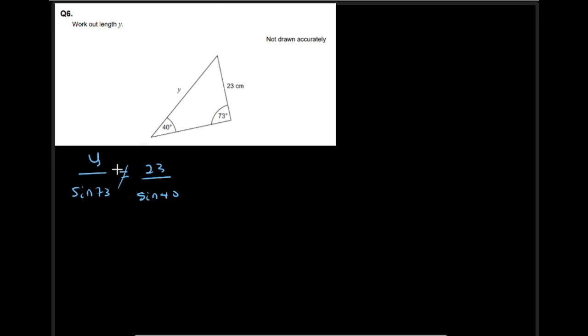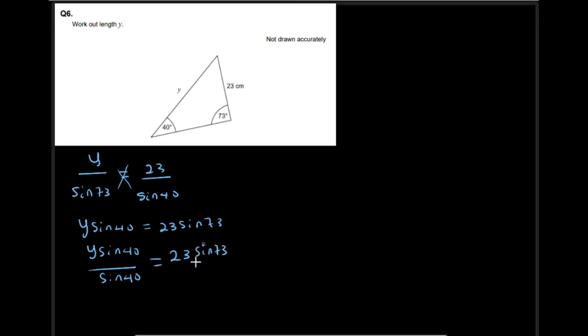Alright, so if we cross multiply, we're going to have y sine 40 equals 23 sine 73. So to get y, you divide both sides by sine 40. So you have y sine 40 over sine 40 equals 23 sine 73 over sine 40.